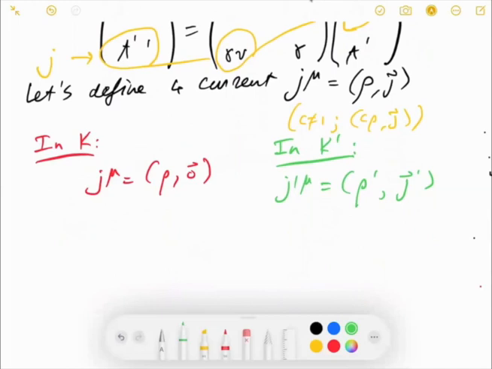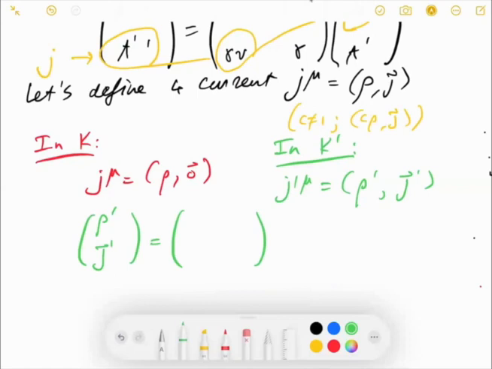So we can now take the Lorentz transform and say J, which is going to be rho prime and then J prime. I'm doing shorthand.